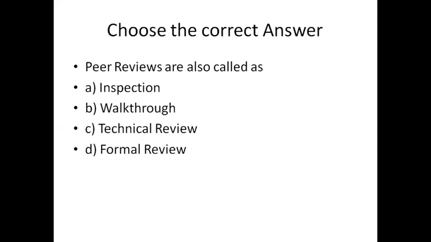I think because peer reviews, we give to our colleagues to review the test cases, so it can be inspection. No, I don't think it can be inspection. I will go through the formal review or technical review. Technical review is the right answer actually, right?